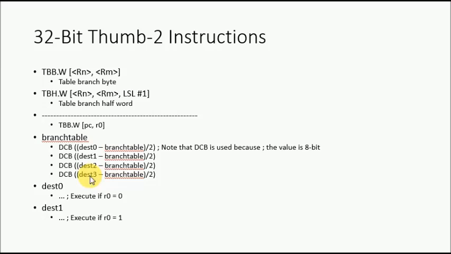Then if the R0 content is 0, it will jump to the location destination 0, and it will execute this part. Generally here we have to execute the branch instruction. Here also branch to the subroutine, branch to the subroutine, and in this way we can implement the nested branching scheme.